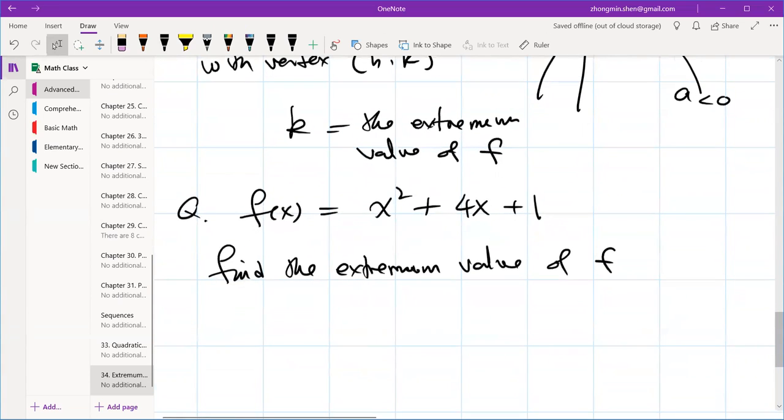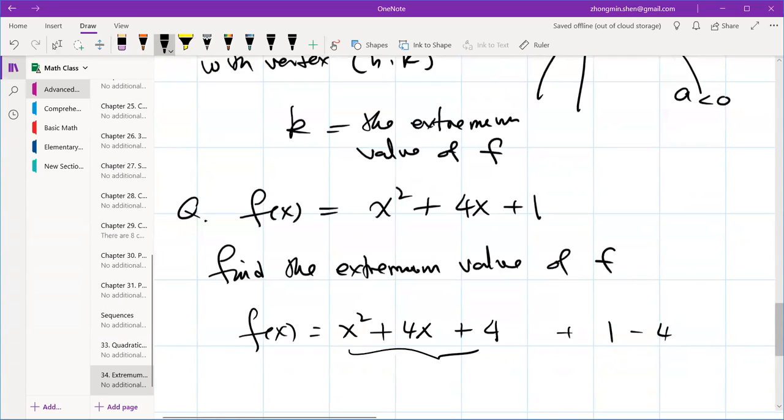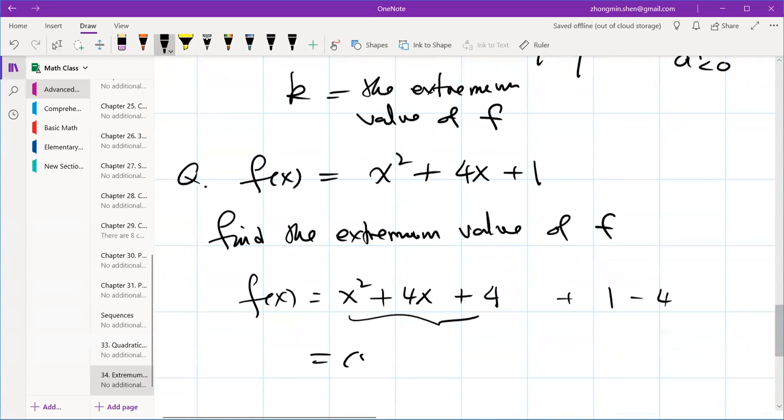Okay, so let's express it in the standard form. I think I need a 4 here. Then I have to subtract the 4. You make it a square. So you get (x plus 2) squared minus 3.